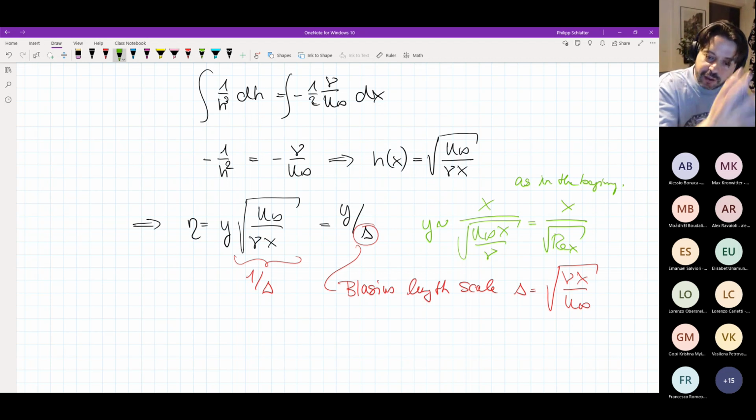Now we have done it with a very nice formal derivation based on the boundary layer equations with all kinds of tricks. But in the end, the only approximations we made were that we used the boundary layer equations and that the free stream velocity is constant. Apart from that, this is an exact result.